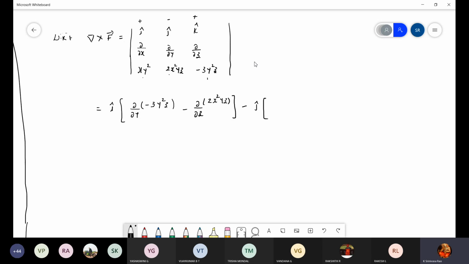Minus j cap into, these are the four, no? ∂/∂x of. This particular row, particular column, you neglect it.